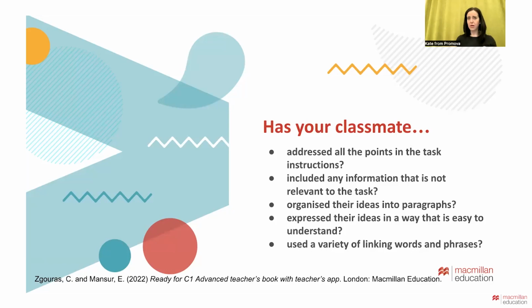And the beauty of a comprehensive course and the beauty of a course book is that in Unit 1, for example, you will get a checklist which is used to analyze a model text. And then in Unit 2, the checklist will be used for self-assessment.